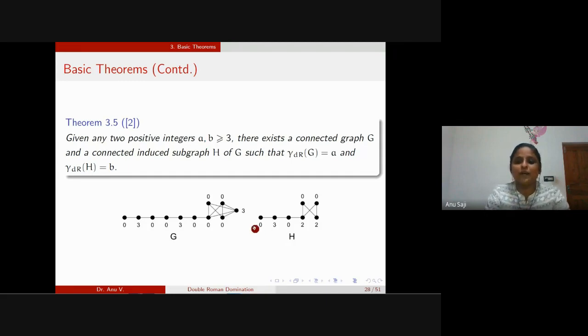In this case, we construct it like this. These techniques are applicable for all values. Okay.